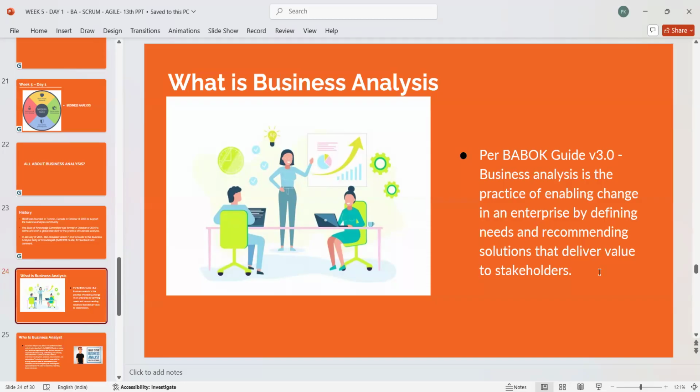So all the documents prepared by BAs, that is BRD or FSD, that is business requirement document, functional specification document, are prepared to ensure that everybody understands what we are working on. And those are written in English, obviously, for everybody's common knowledge.